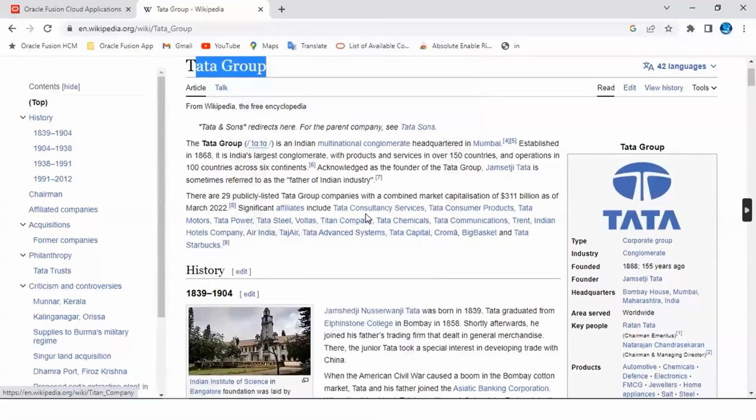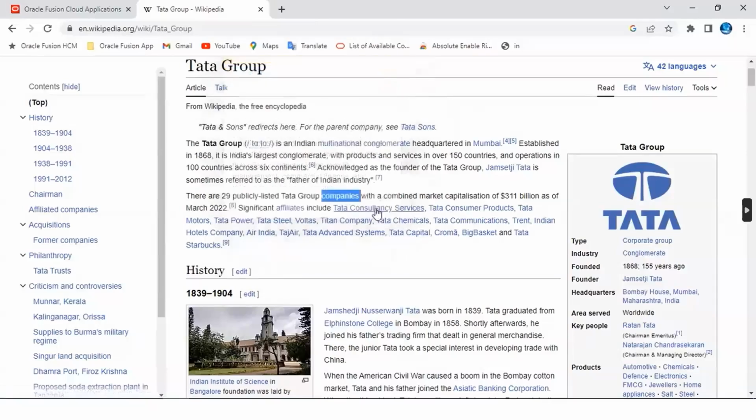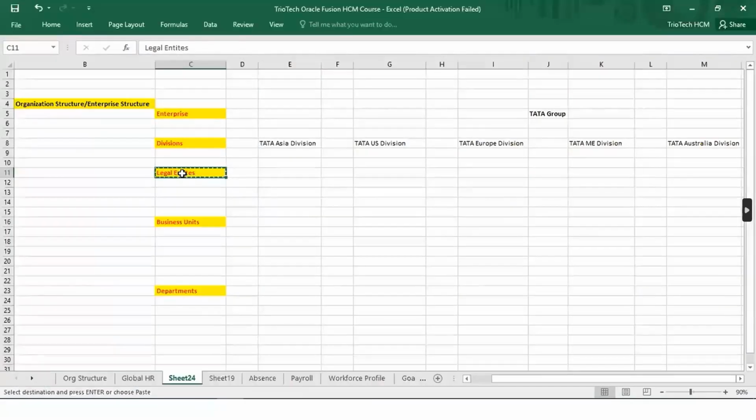These are the actual registered companies of our client which are operating in the market. So these companies we will call in the Fusion application a legal entity. Right, team? Now let me list out some of them here, team.